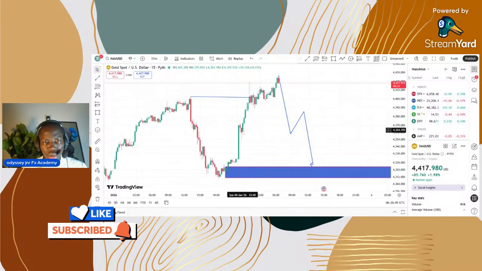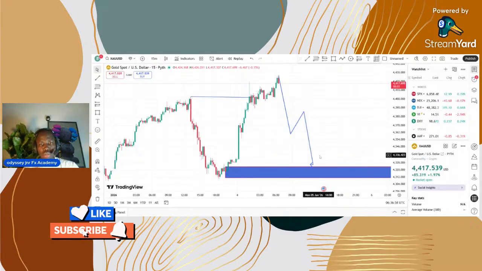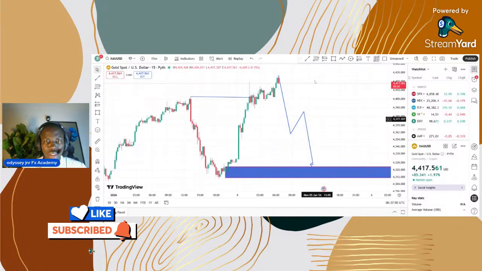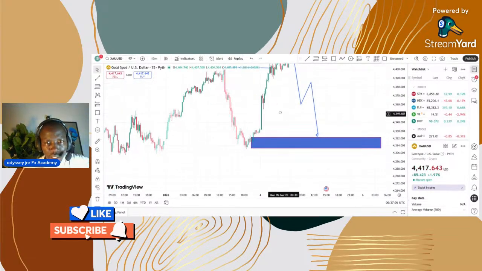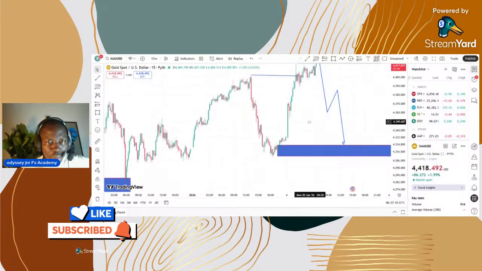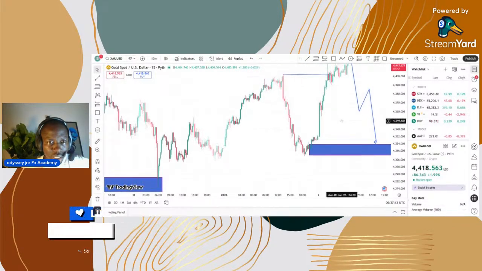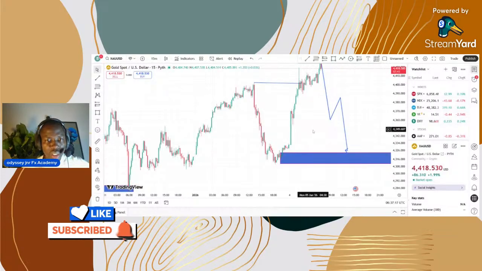Once the market comes here, it should give this kind of movement, like inducement liquidity movements, then come to our entry here. Then we can go for this and enjoy the market here. That's what I am expecting from this market right now.